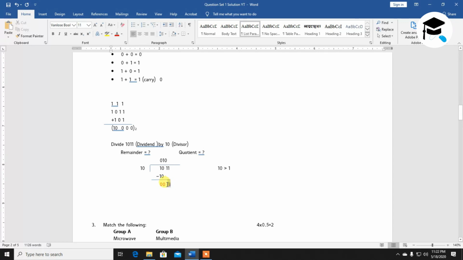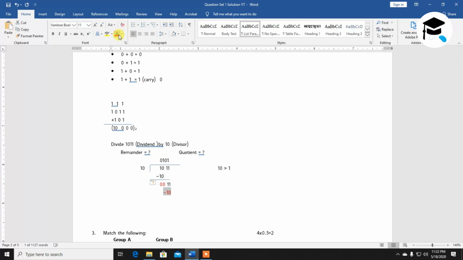Okay, now we can count another digit as well. 1, 0 is now less than 1. It means we can divide it. Okay, if you divide it by 1, what will be the result here? It will be 1, 0, which needs to be subtracted.